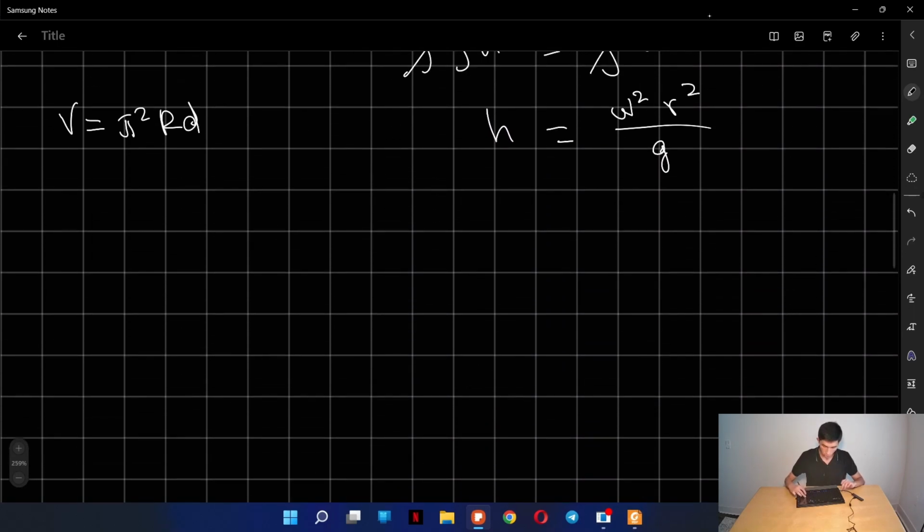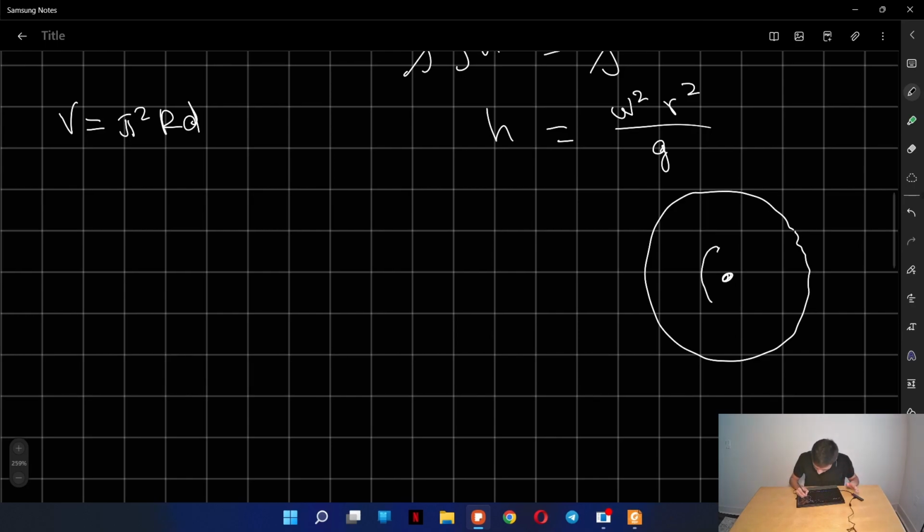And for after the rotation, we're going to look at the cylinder from above, and we have to find the volume by very small distances.